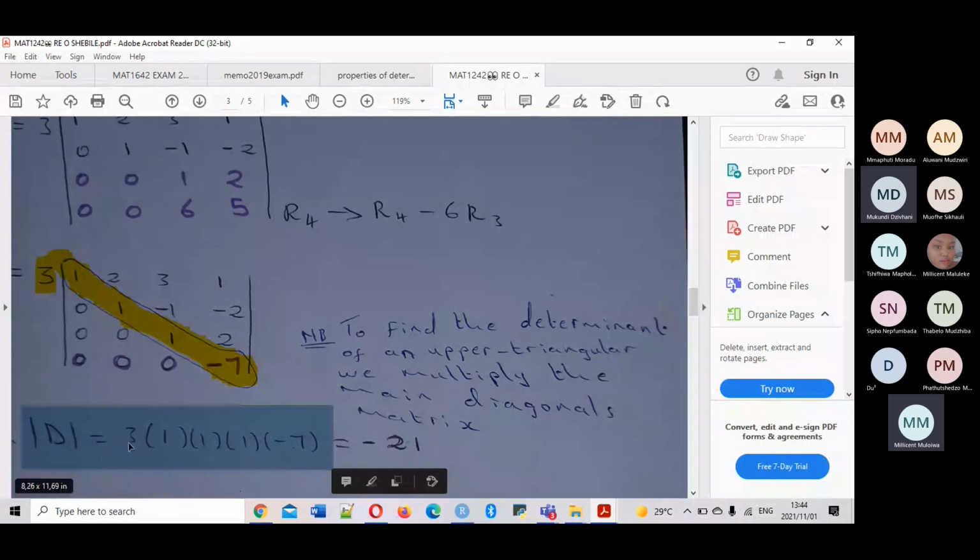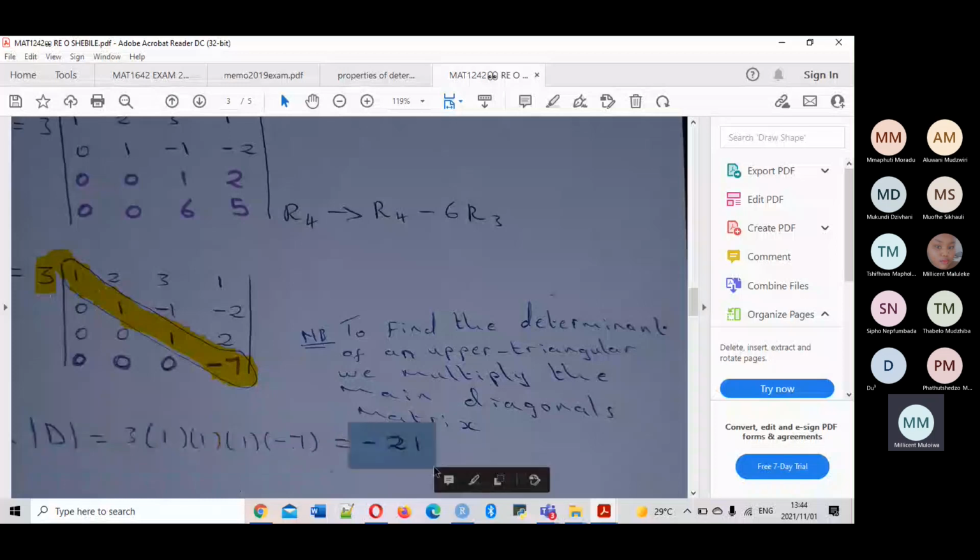Why 3? 3 is outside, it's the one that we take as a common factor. So it is 3 multiplied by the main diagonal. On the main diagonal, we've got 1, 1, 1, and minus 7, which will give us minus 21. Any question before we proceed?